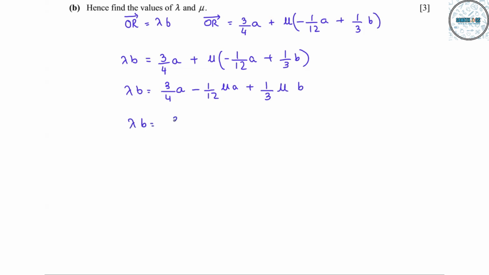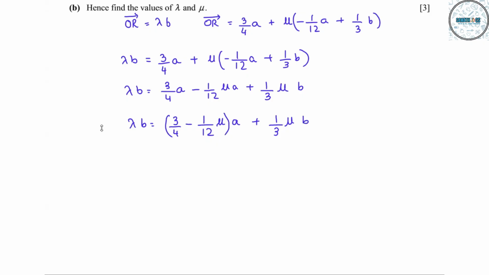We will take 3 upon 4 minus 1 upon 12 mu as common, and we will write here a plus 1 upon 3 mu into b.